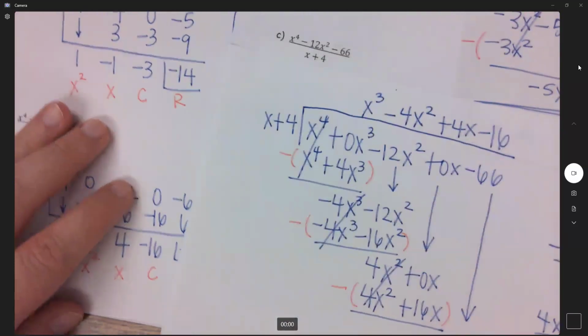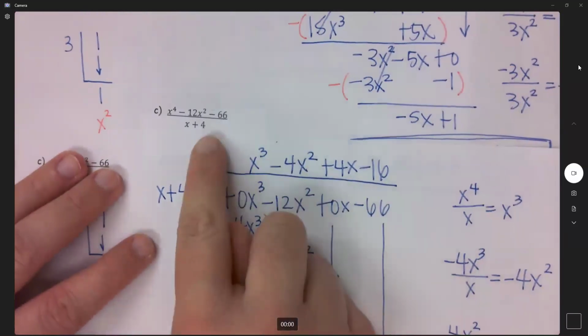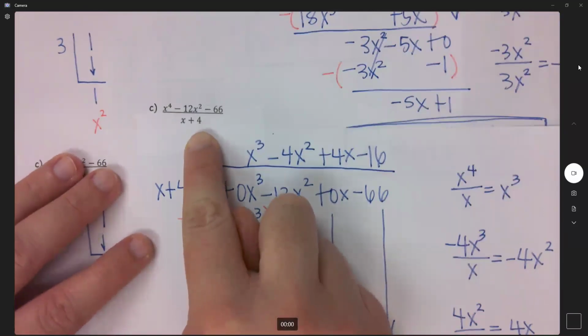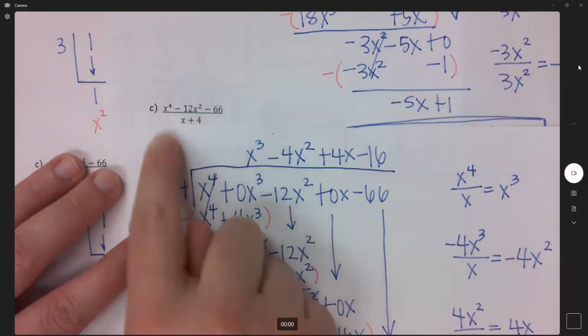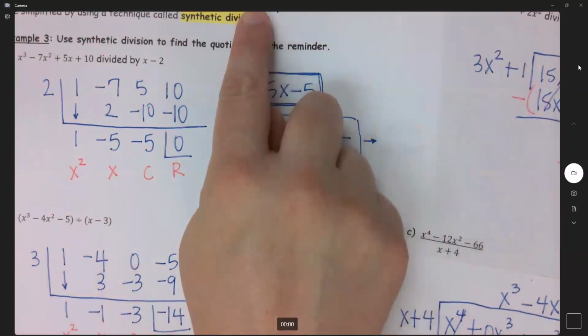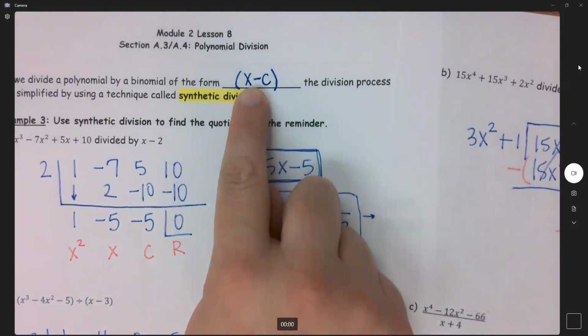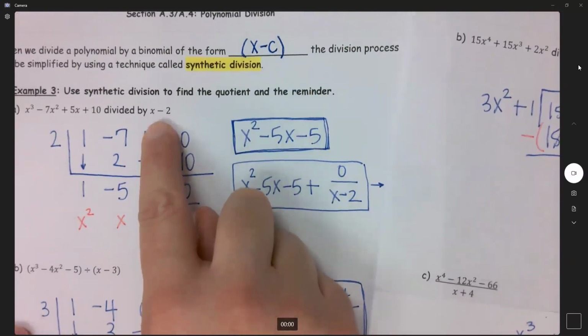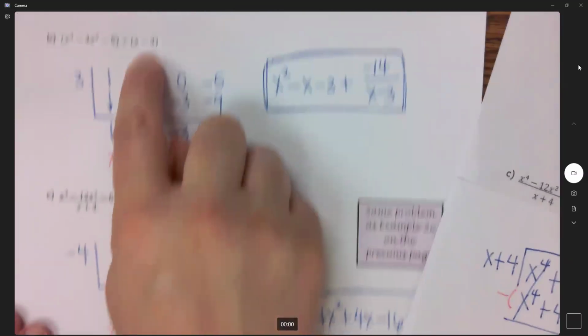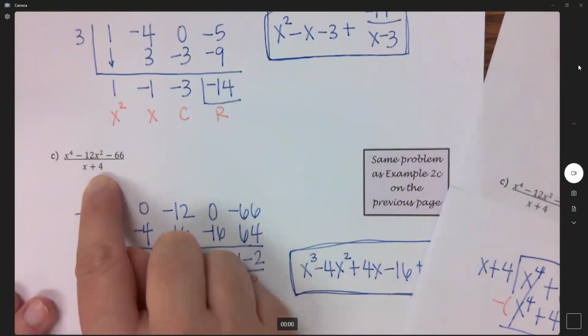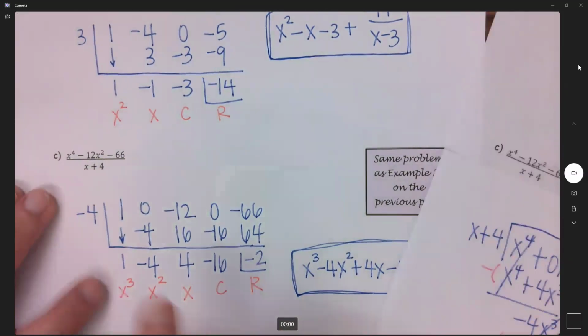So in my math lab, it's going to give you an instruction on a problem like this, and it's going to say divide using long division. If it is in the form of this x minus c, meaning it's a binomial, so x minus 2, x minus 3, x plus 4, doesn't matter if that's a plus or a minus c, you can use synthetic.